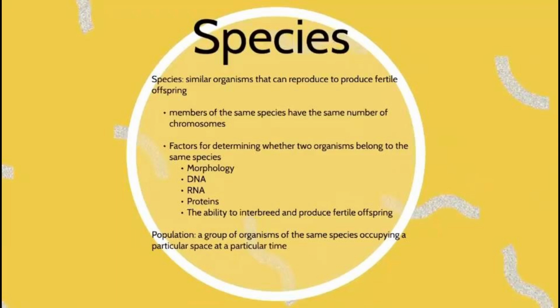Then we would like to look at their DNA and their RNA to see if they're similar, and also their proteins. So they may have similar proteins, or maybe they look the same, but actually when we look at their proteins, they're very different. So that would mean they're different species. And then finally, the key part, which is in the definition I already gave to you, is the ability to mate and produce fertile offspring. So this is a really key point.